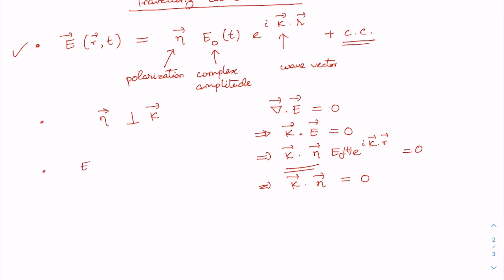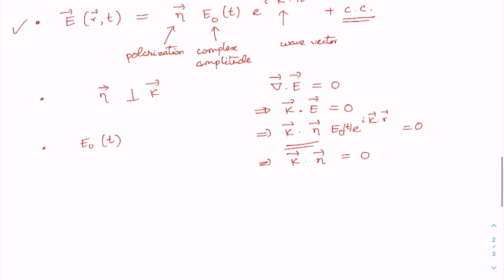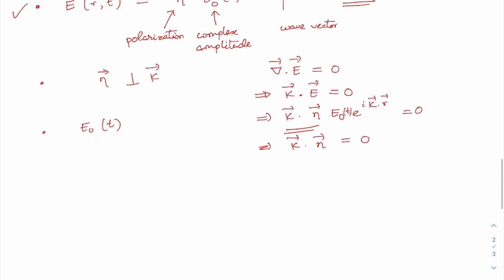And this E0(t) characterizes the amplitude of the field, which oscillates at a particular angular frequency, say omega. Its solution we'll establish a little bit later using the Maxwell equations.